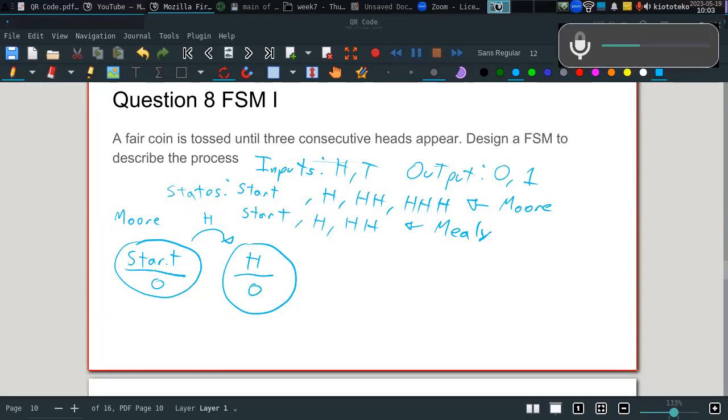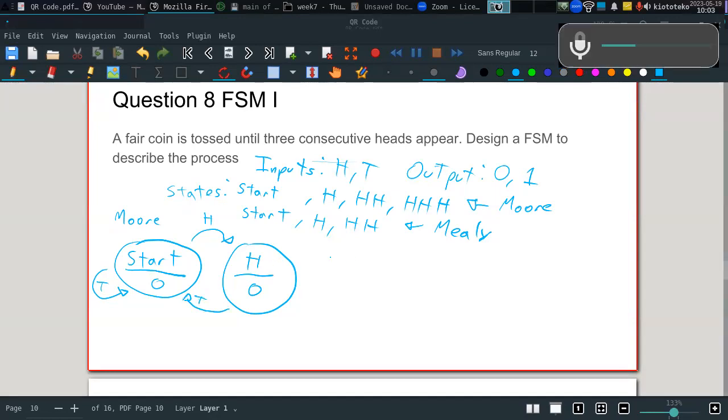So what happens if here we have a tails in the start? What should we do? What happens in the start state? We have a tails. Go back. Yeah. So we go back here. Also here, if after this H we got a tails, we go back.